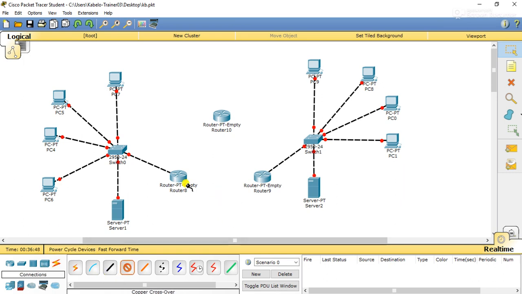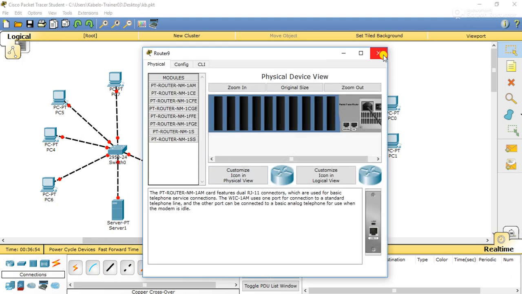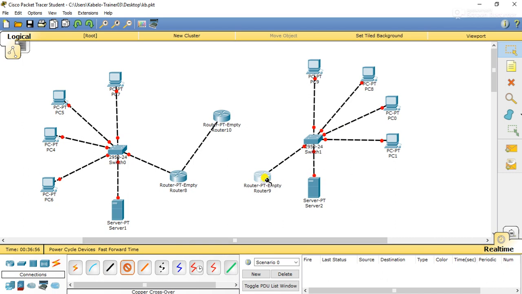So now we are connected to the internet. So now this is a form of a WAN. We have two LANs connected to each other, which makes a WAN.